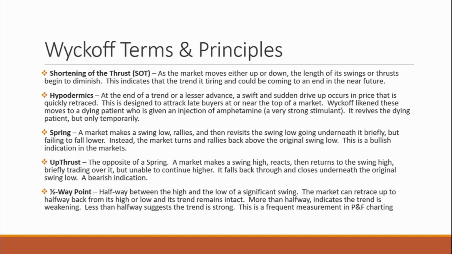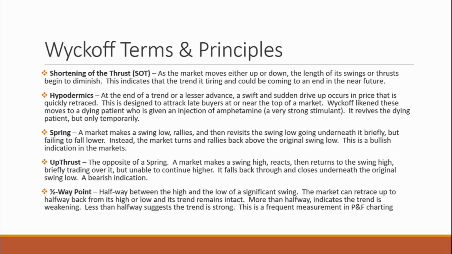So if we're moving up, for example, and we have a move up that's 10 points long, and then we have a reaction, then we have another thrust up, but this time it's only 7 points. We have a reaction, and then we have another push up, another swing up, and this time it's only 3 points. Well, that's shortening of the thrusts, okay?